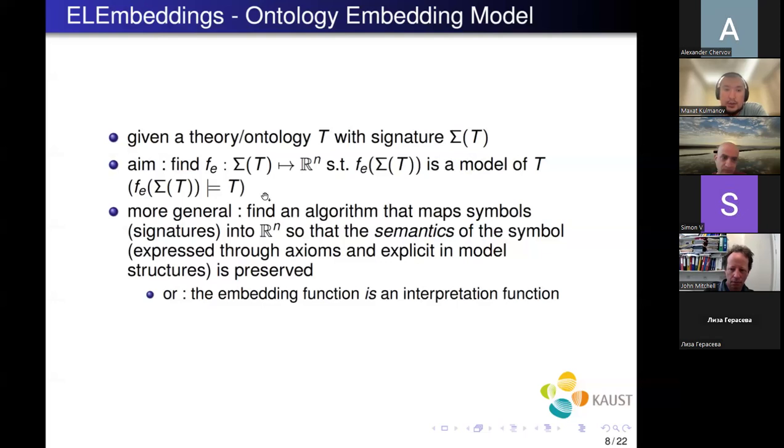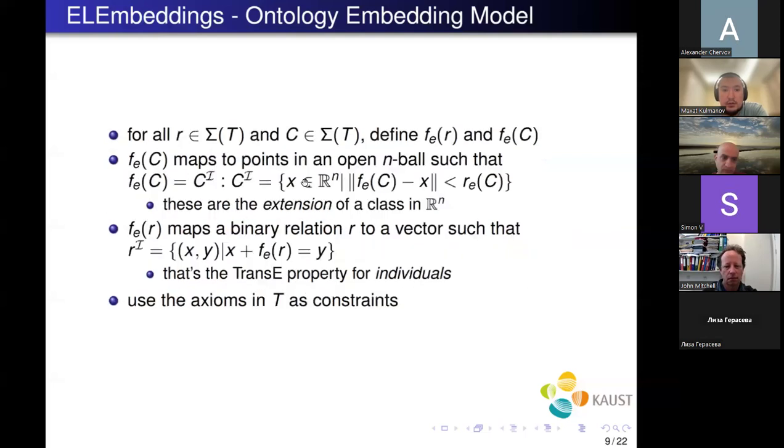At the time, there were many knowledge graph embedding methods being developed, like TransE and different versions of translational methods. Based on those, we came up with an idea, because the difference between knowledge graphs and ontologies is that in a knowledge graph you mostly only have the ABox, the individuals. The nodes in the knowledge graph are usually instances.